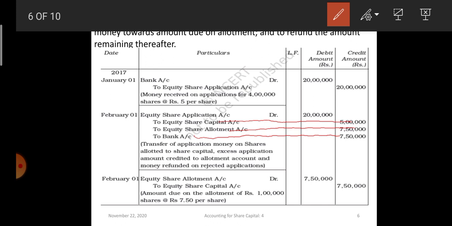Transfer of application money on shares allotted to share capital, excess application money credited to allotment and money refunded on rejected applications. Here nothing was rejected, the excess application money is returned.